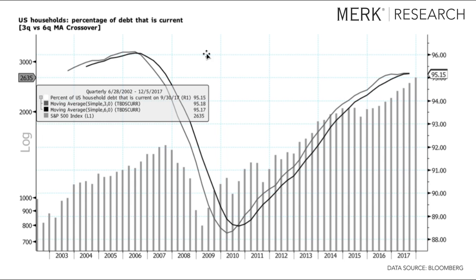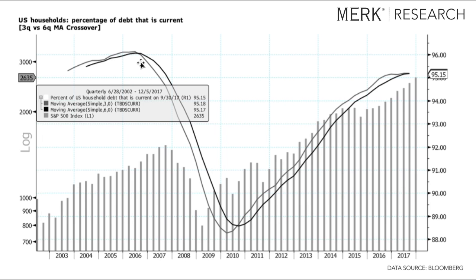We have two moving averages here, a faster moving, three-quarter moving average, that's the gray line. That sharply broke below the slower moving average, that's the six-quarter moving average, which is the black line. So that represented the point at which household credit really started to deteriorate, and that was in the second half of 2006, which provided an advanced warning on issues that wouldn't really crop up until 2007.